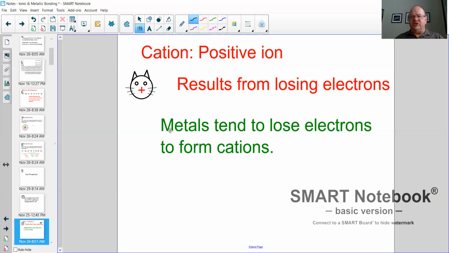That's just a visual to help me remember that cations are positive. Doesn't have to make any sense to you. It just has to help you remember. So what makes cations? Metals. Metals tend to lose electrons to form cations because metals typically have only 1, 2, or sometimes 3 valence electrons.